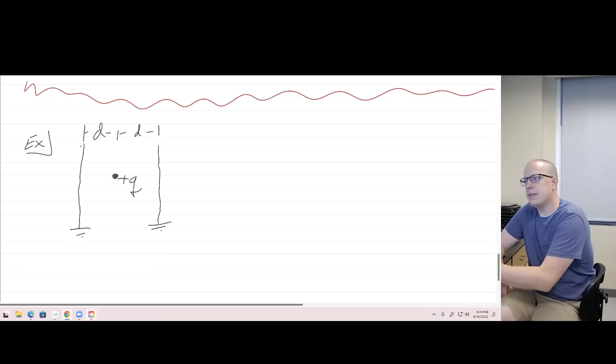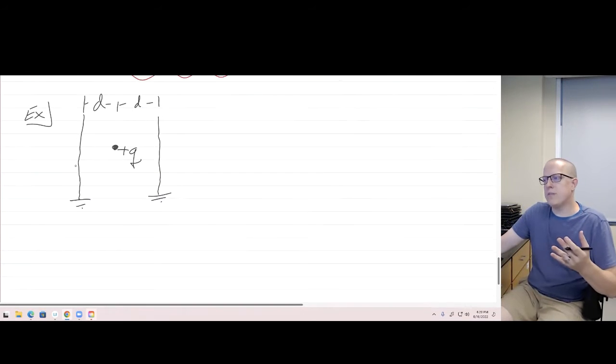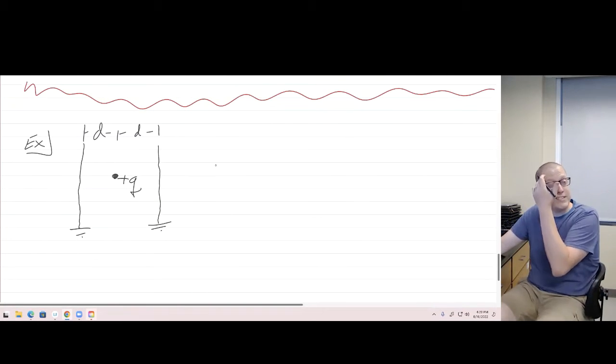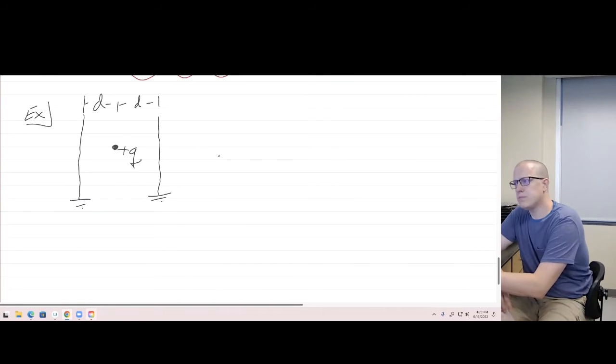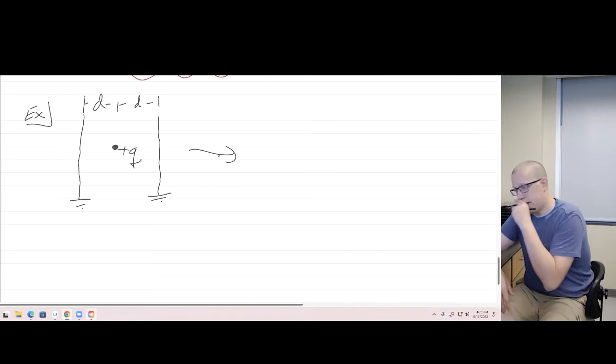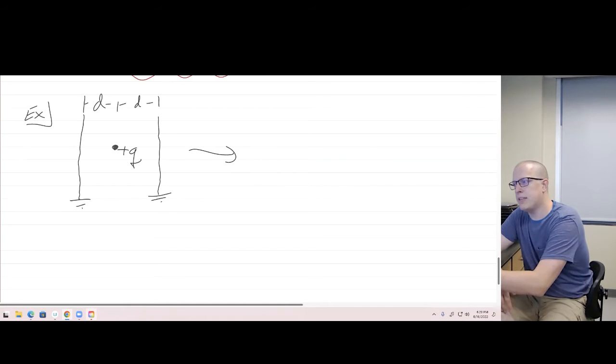And so again, we're not going to actually solve this, or find the potential. We just want to see what problem is equivalent to this. So let's come up with an equivalent problem, and let's flip along the right plane.